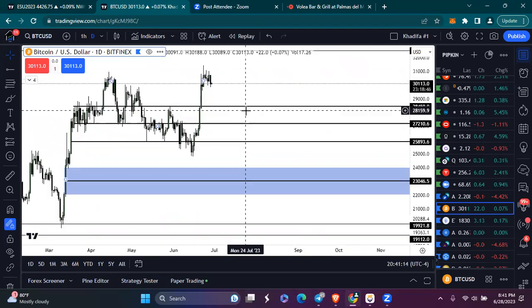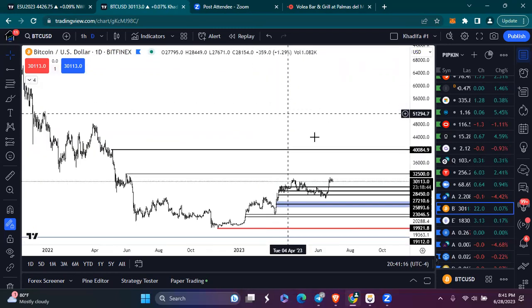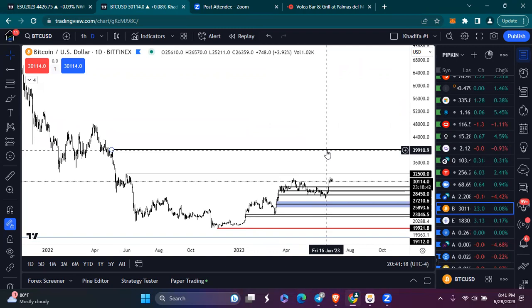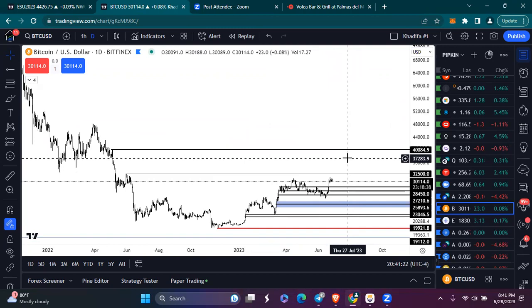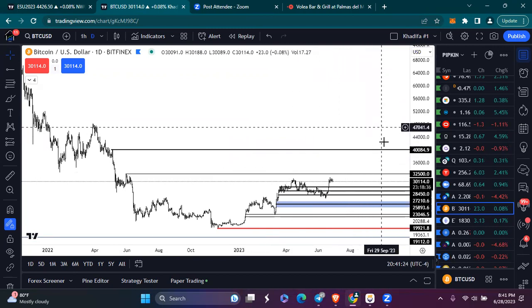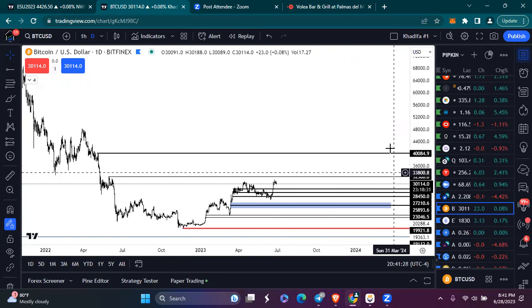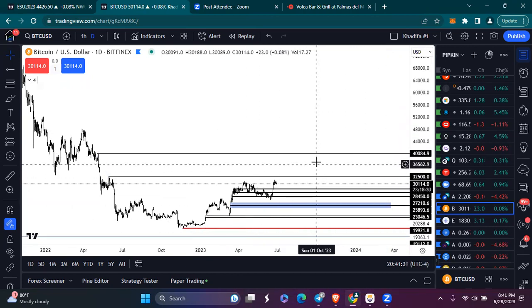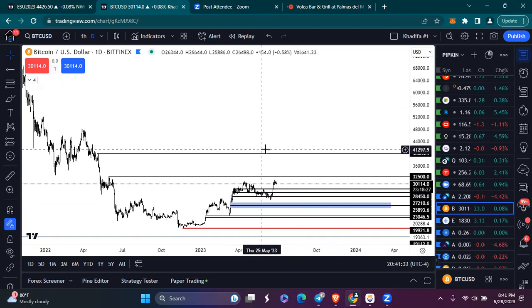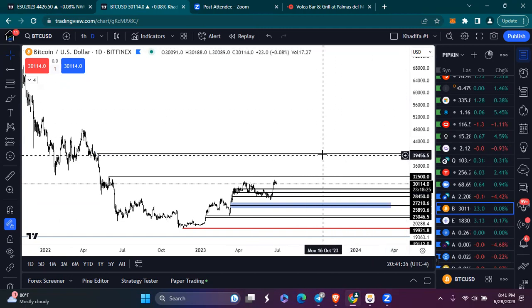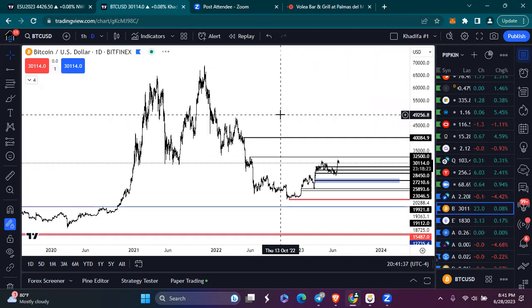That may happen within the next month or so, and then depending on market conditions, what's going on fundamentally, we may see some accumulation in this area or consolidation, whatever you want to call it, before we continue to the upside.